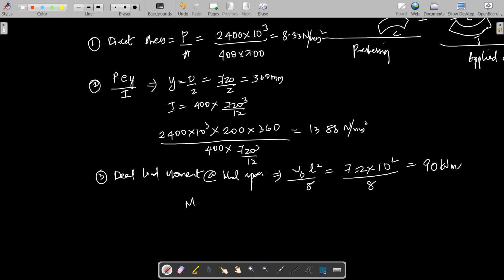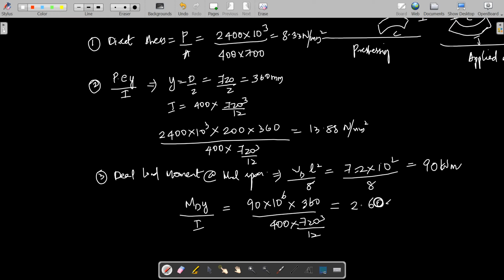So M D into Y divided by I is 90 into 10 raised to 6 into 360 divided by 400 into 720 cube divided by 12. You'll get this value as 2.604 Newton per mm square.